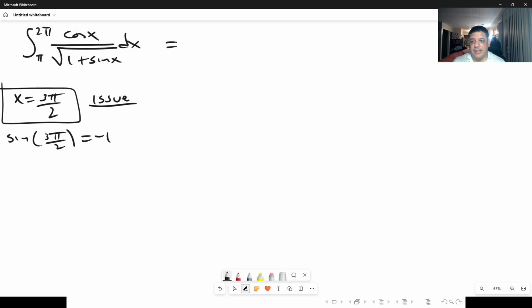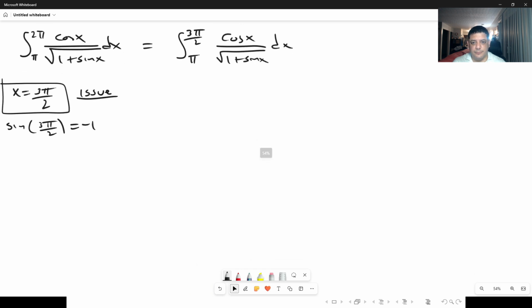So now I have to do two integrals as well. I have to do the integral from pi to 3 pi half of this, and then plus from 3 pi half to 2 pi, the same thing.